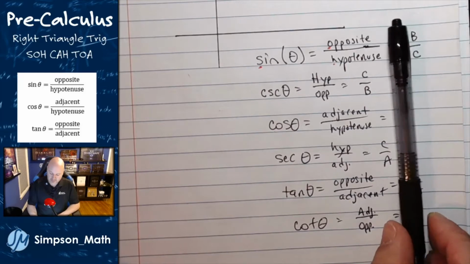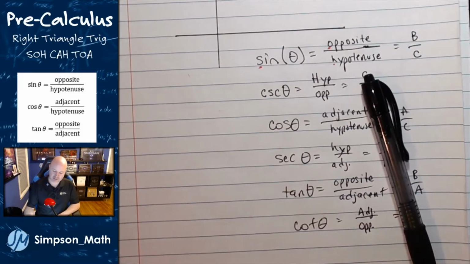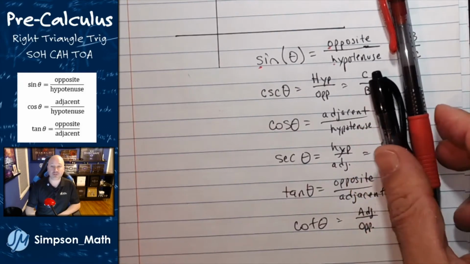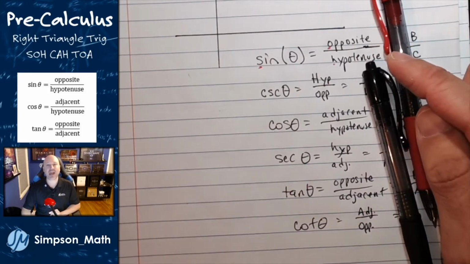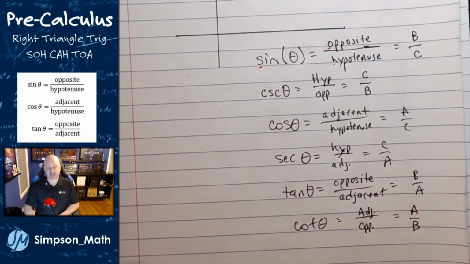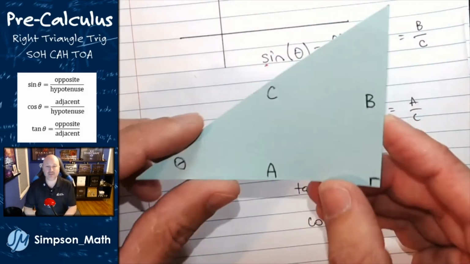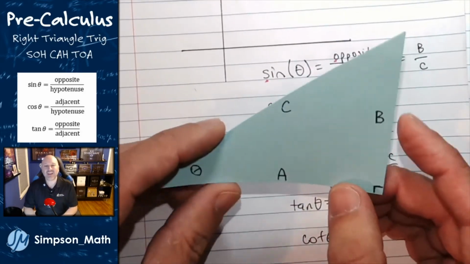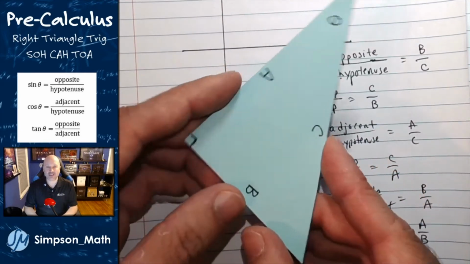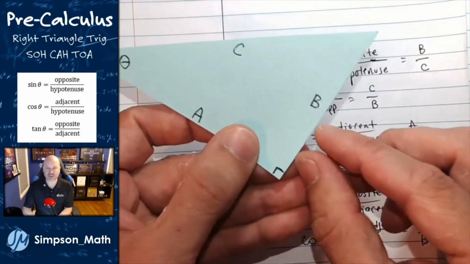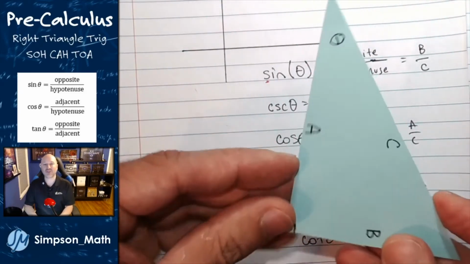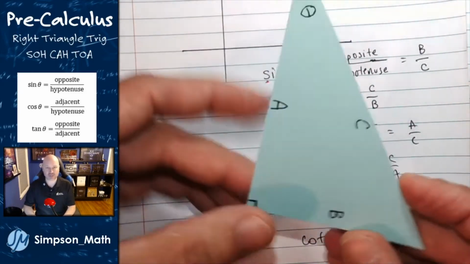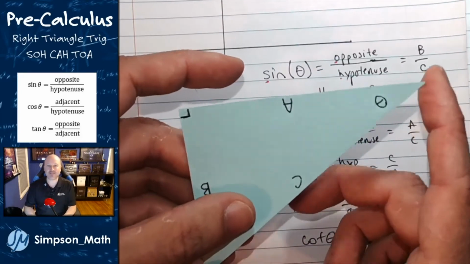So these letters are very specific to the situation we're dealing with. The SOHCAHTOA definition is all about opposites, adjacents, and hypotenuses. And it is convenient. If I start to talk about this triangle, I know that no matter how I turn it, when I measure B, it's going to have a positive measurement. When I measure A, it's going to have a positive measurement, and the hypotenuse will have a positive measurement.